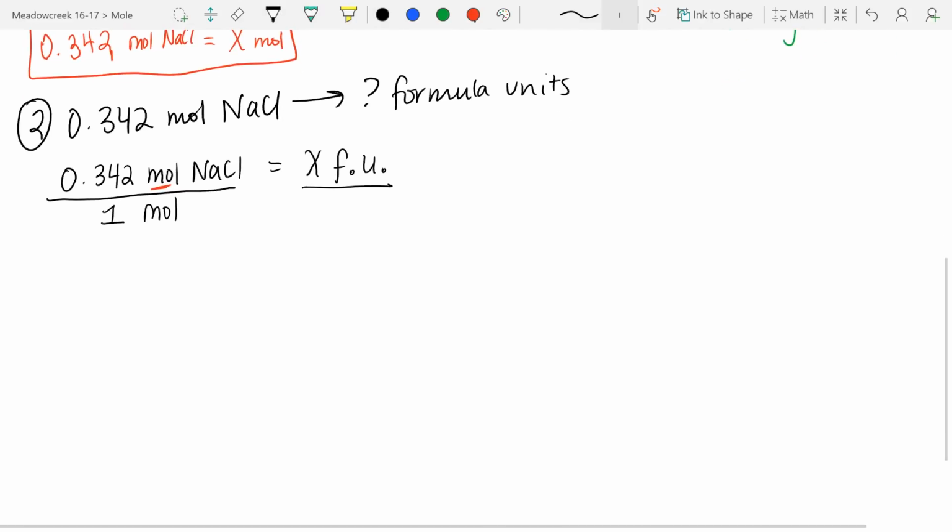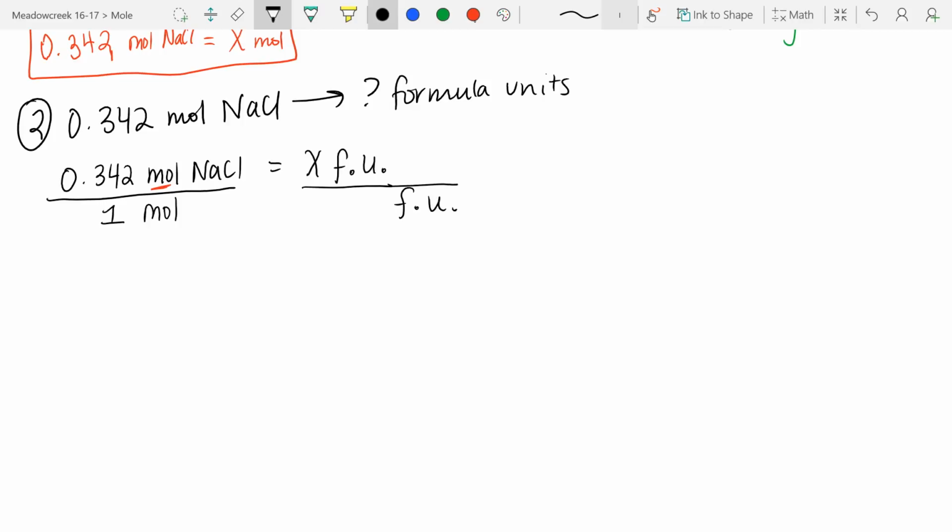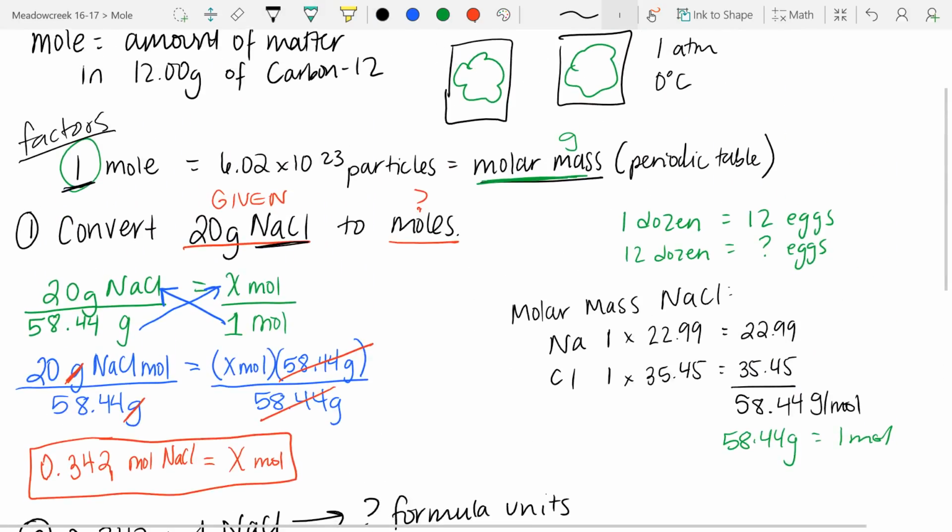So I have formula units on the top there, so I'm going to put formula units on the bottom of my fraction. Now, if we look back at our conversion factor, which one has formula units? Well, not the mole, we've already used that. Not molar mass, because molar mass is working with grams.